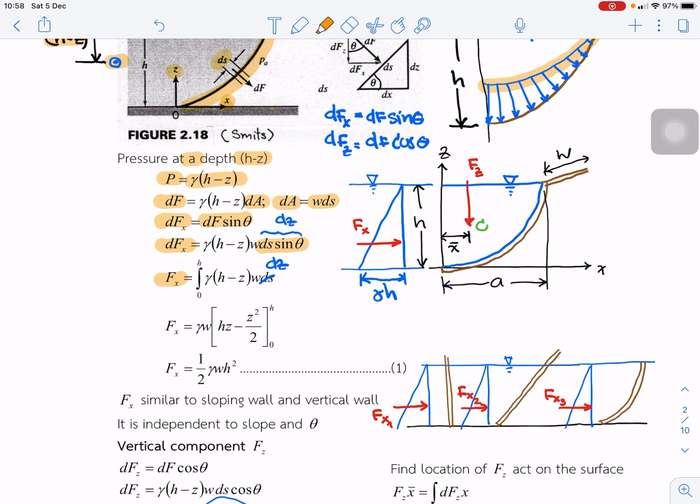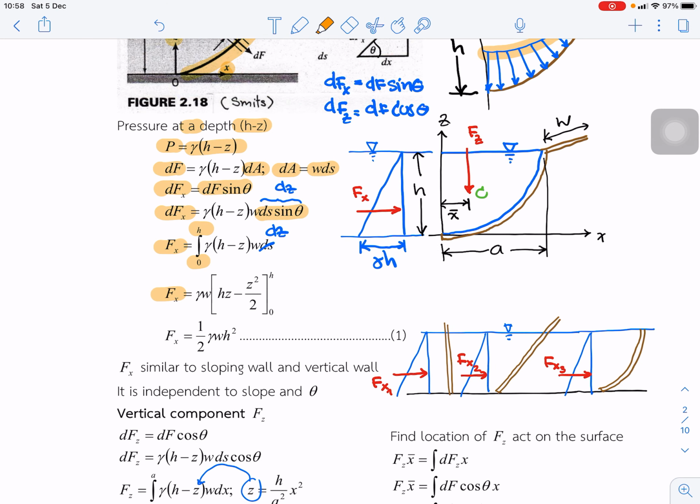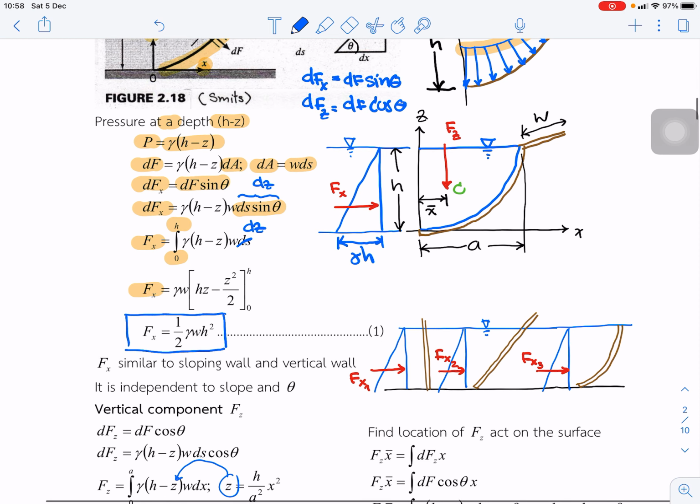We do integration for Fx, integrating dz from 0 to h. So finally we get the equation of Fx equal to 1/2 gamma times width times h squared. That is from the integration, but we can also do it from the prism concept.